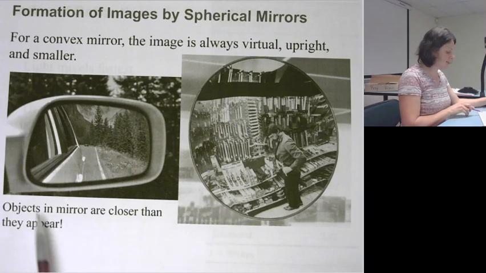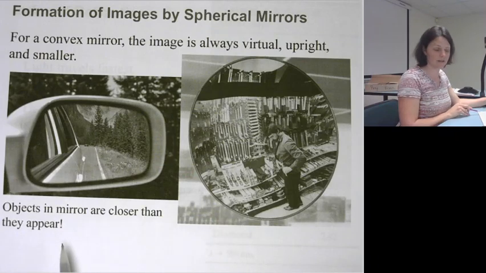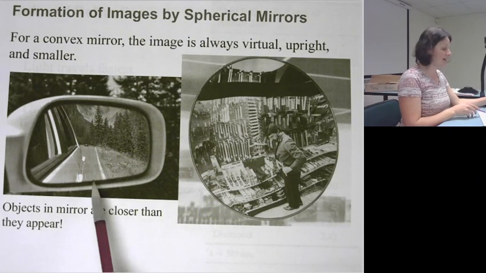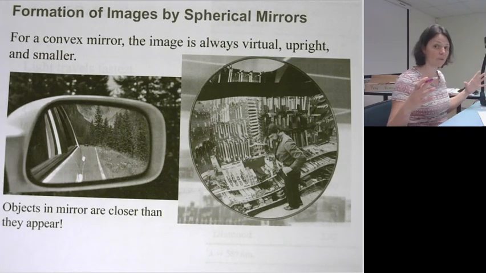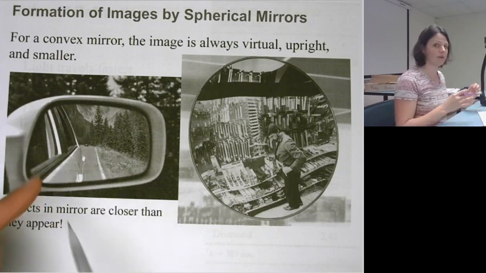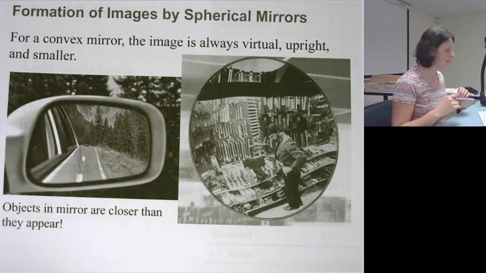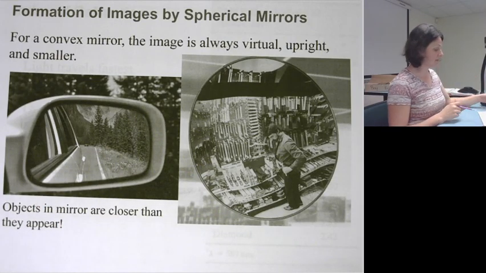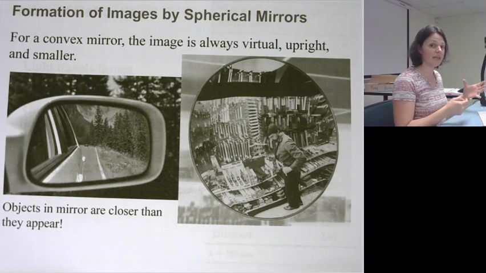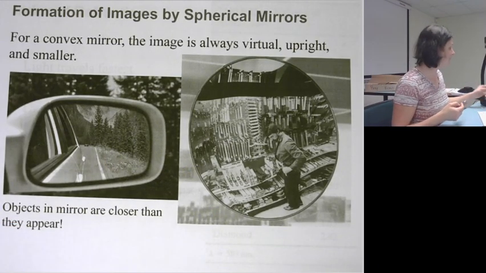And this, "objects in mirror are closer than they appear," is printed on every single rear view mirror in the world. The reason is that in order to get a wider field of view, your rear view mirrors are actually a little bit concave, or convex, excuse me, so that the image is smaller than real life.